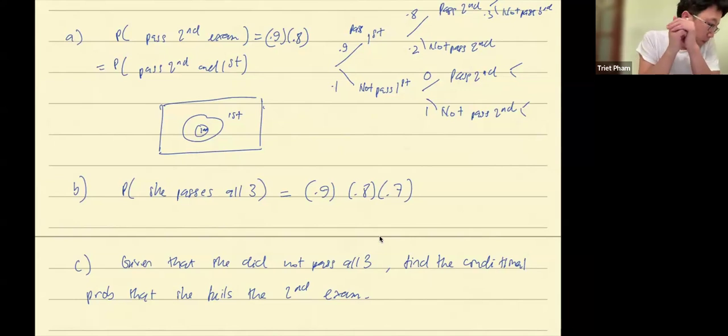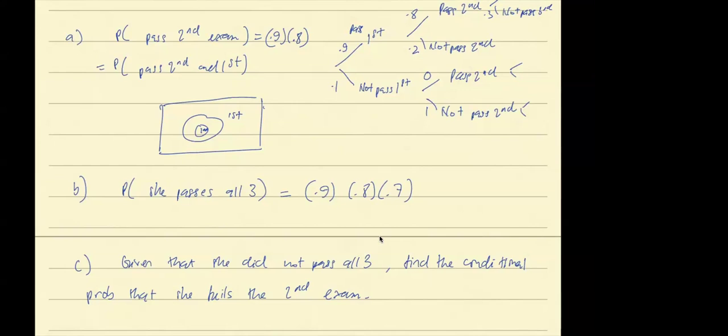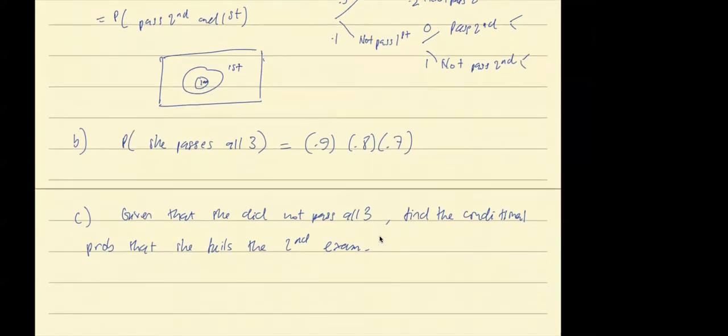What would this be? So E in this case would be failing the second exam.